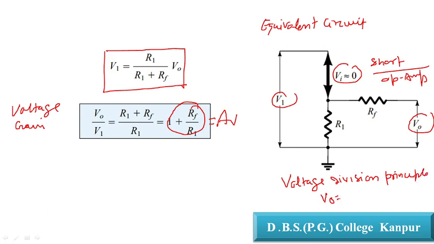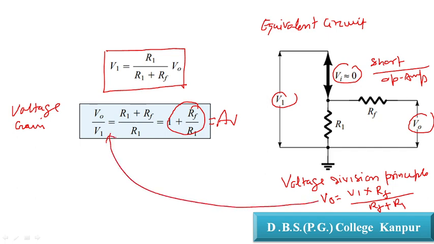V out becomes the input voltage times the resistance whose value you want, divided by RF plus R1. This is a simple method; by using the equivalent circuit you get the value of the voltage.